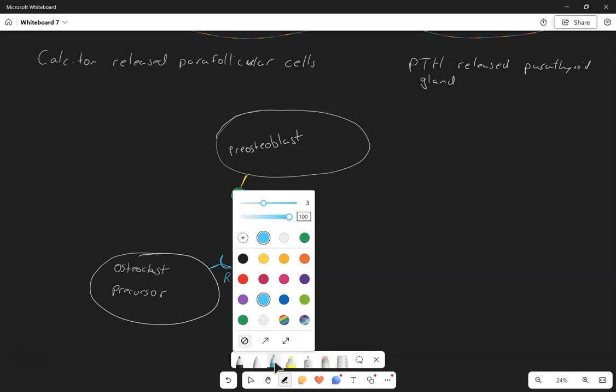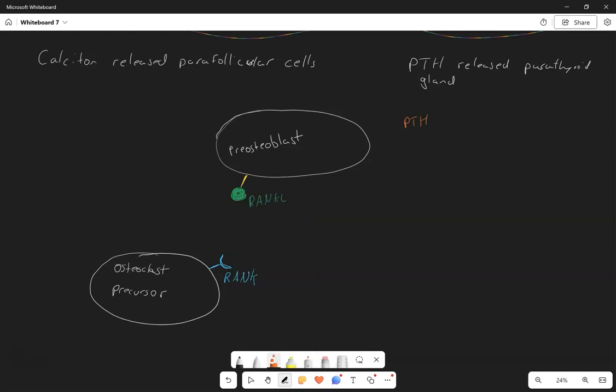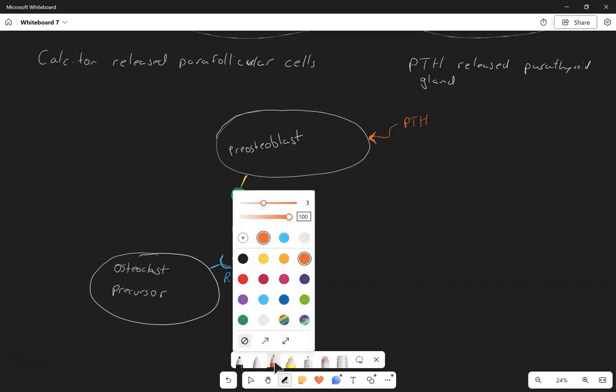So let's start with our parathyroid gland. We'll have PTH. Let's draw PTH in orange. So here we have PTH. PTH is going to come over and bind to that cell. When PTH binds to that pre-osteoblast, that RANK L is going to dissociate and bind to that receptor.